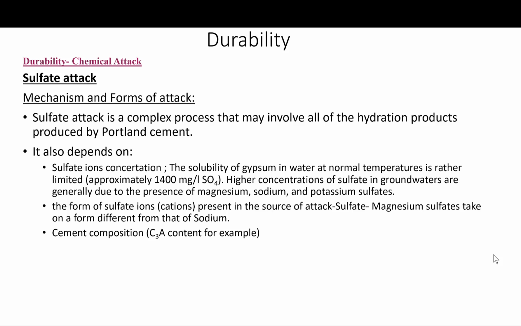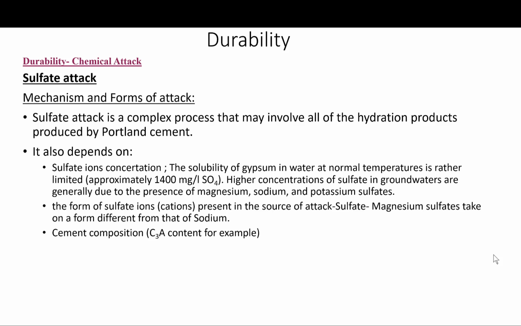Higher concentrations of sulfates in groundwaters are generally due to the presence of magnesium, sodium, or potassium sulfates. The cations present in the source of the sulfate attack, for example magnesium sulfate, take on a form different from that of sodium, as we will see.